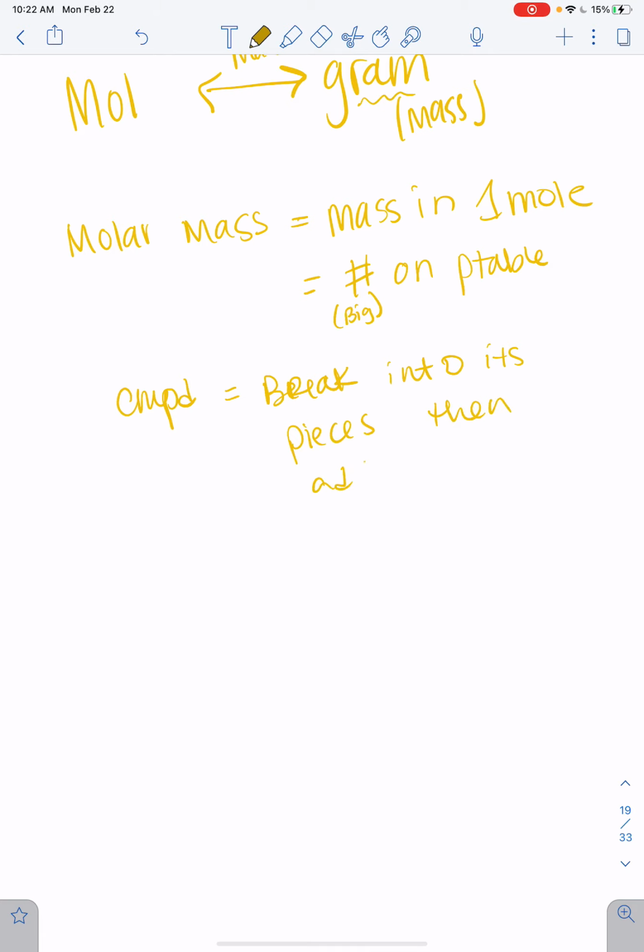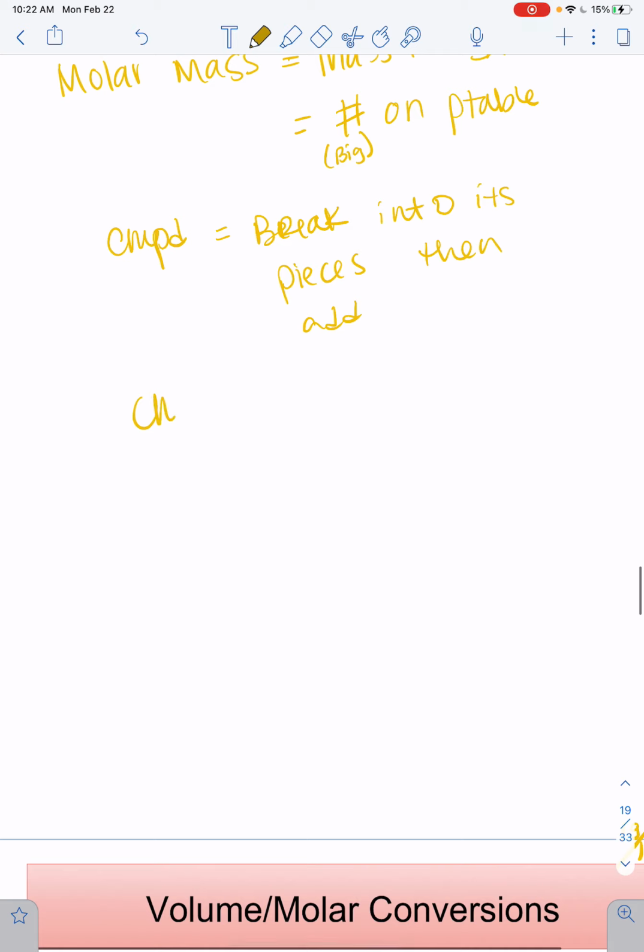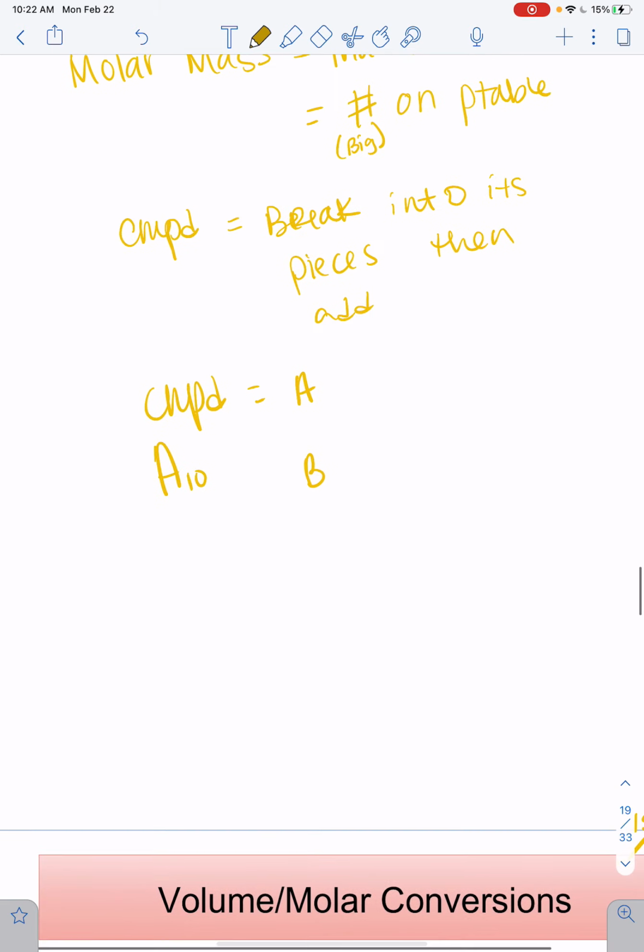then add. So if it's a compound, you're going to break it into like element A, element B. So like if I have A10B14, I'm going to break it into A and B. The first thing I'm going to do is say how many of each I have. I have 10 and I have 14, according to these subscripts.